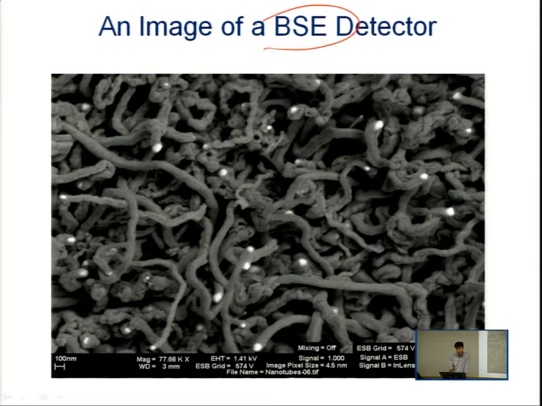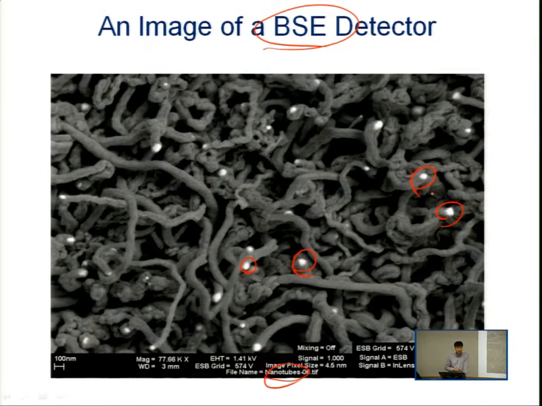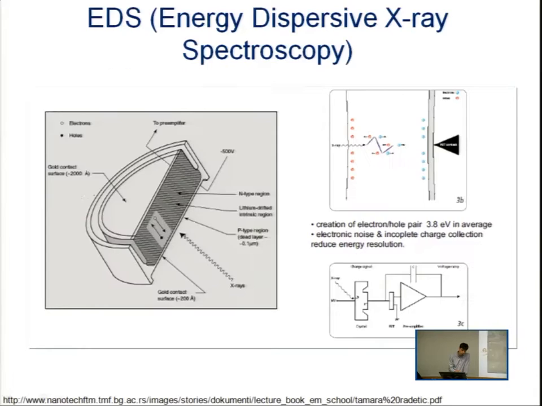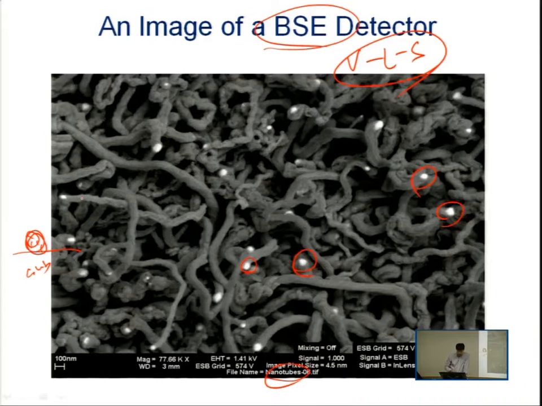When we use the backscattered electron detector, this is a carbon nanotube that has an iron catalyst. As we talked about with the VLS technique to grow carbon nanotubes, we have a catalyst sitting on the substrate, and when the source gases come down, the carbon nanotube grows like this.